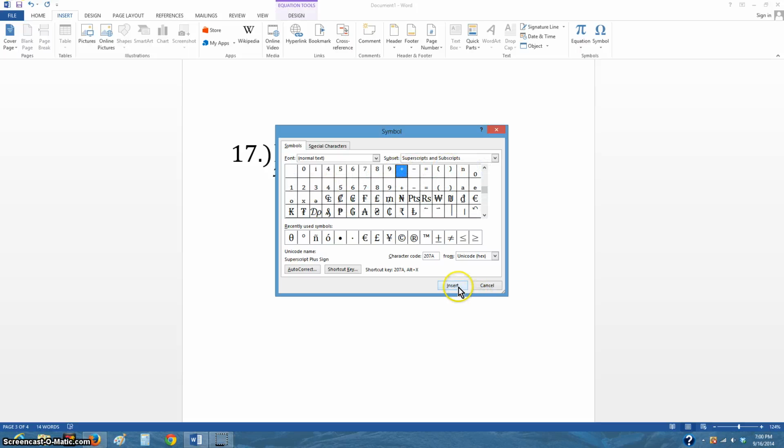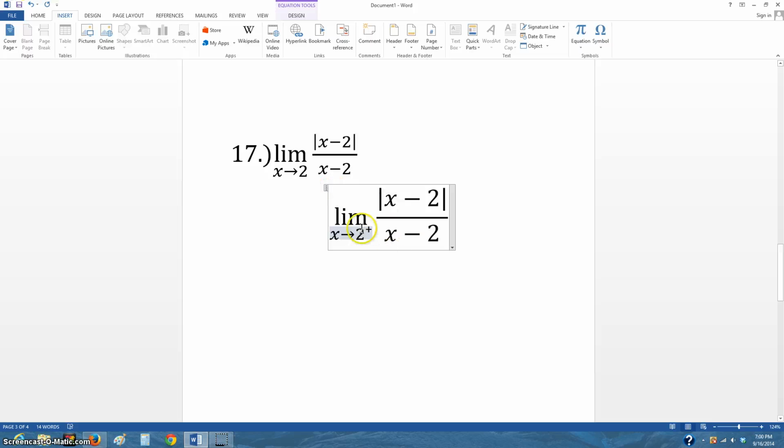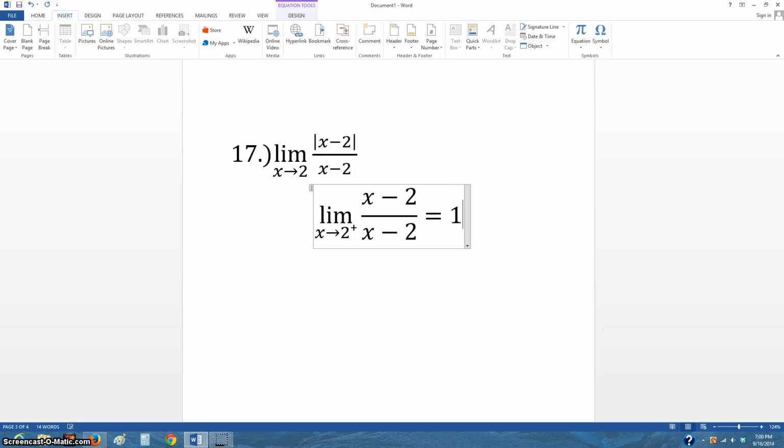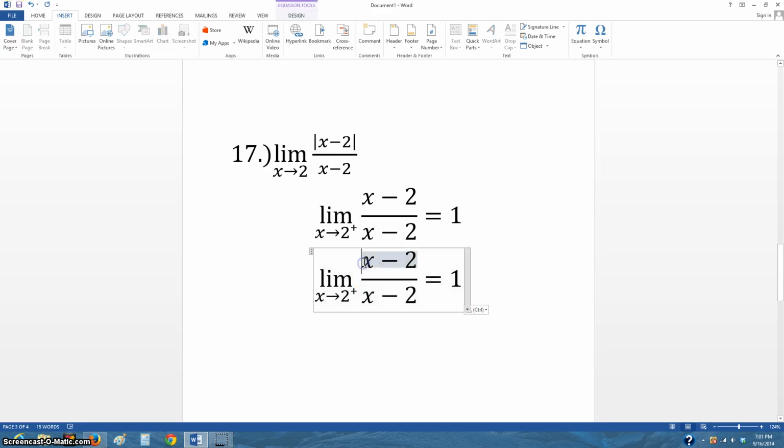Okay. If I approach from the right-hand side, I'm assuming that the value will be positive, so therefore I can just drop this and make it x minus 2. Well, x minus 2 over x minus 2 will simply reduce to 1. So my limit from the right-hand side will be positive 1. If I approach from the left-hand side, that's that second case where this will be negative.